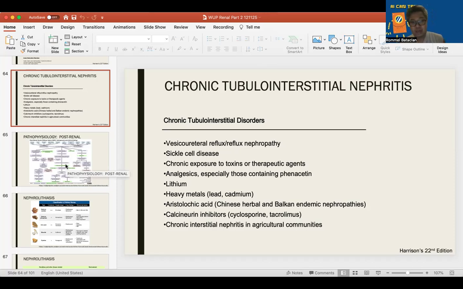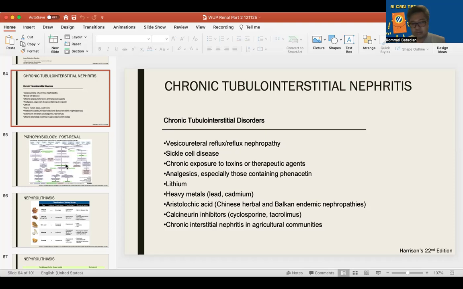Chronic hypokalemia. So patients with disease states associated with long-standing hypokalemia can develop vacuolar changes in the tubular cells that can also lead to tubular interstitial nephritis. Hypercalcemia, hyperuricemia, and hyperoxaluria are also other metabolic disorders associated with CTIN.